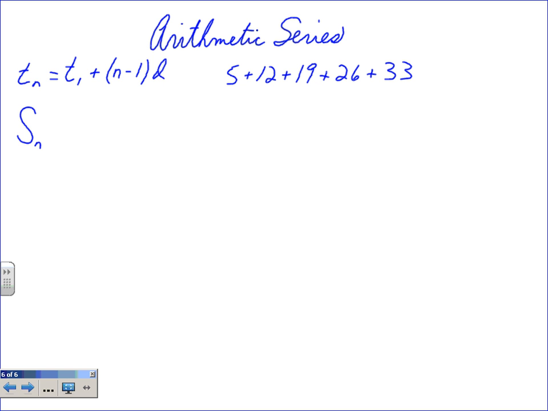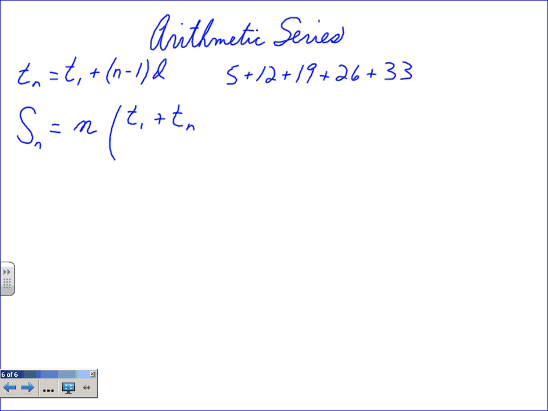S stands for sum. What does the N stand for? The number of terms we have. So the sum of so many terms is equal to N times T1. What's T1? First term.